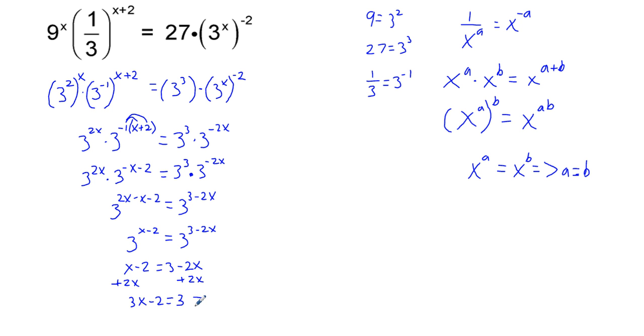Next, just a couple steps left, we're going to add 2 to both sides of this equation. And so what we have left is 3x is equal to 5. And the last thing we're going to do to solve for x is divide both sides of this equation by 3. And so we have, therefore, x is equal to 5/3.